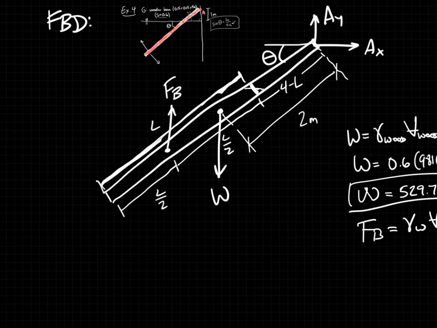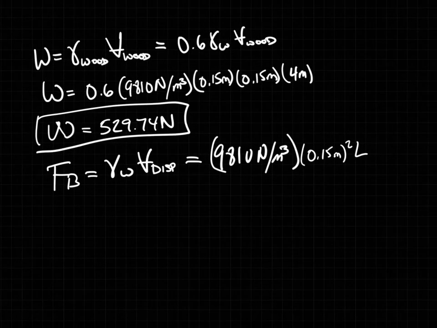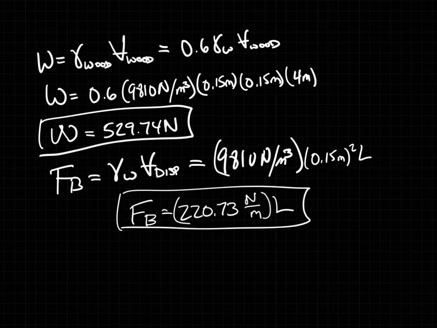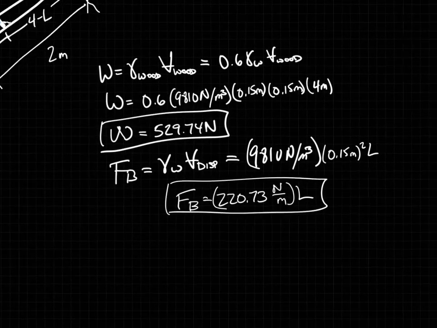We're not worried about the portions that are not underwater, so it's this bit right here. It has a length of L, and it is 0.15 meters by 0.15 meters, so we write that as 0.15 meters squared times L. Noting that L is what we want to solve for.